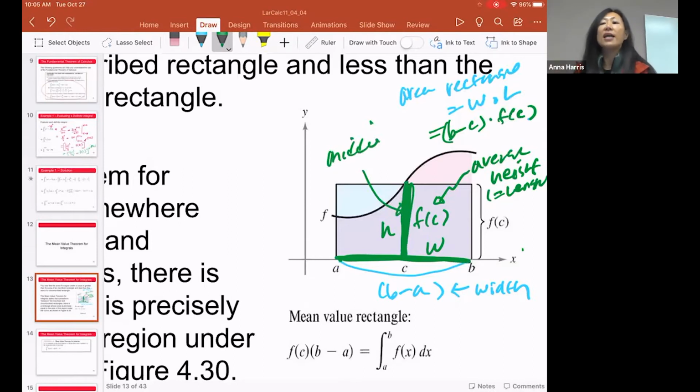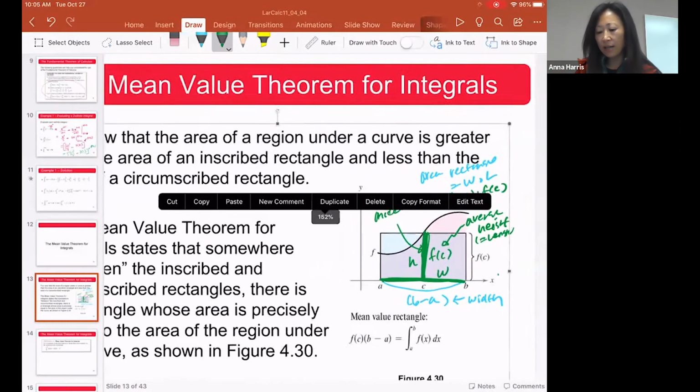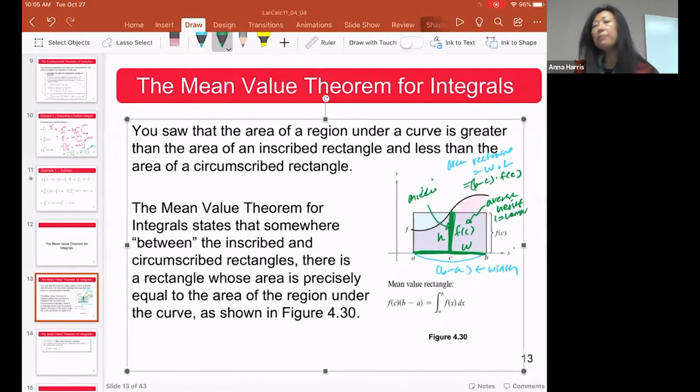So average height times the width gives me the area under that curve. Does everybody understand the concept? The mean value theorem for integrals means you find the average height and multiply by width, which gives you the rectangular shape. That is your mean value theorem.